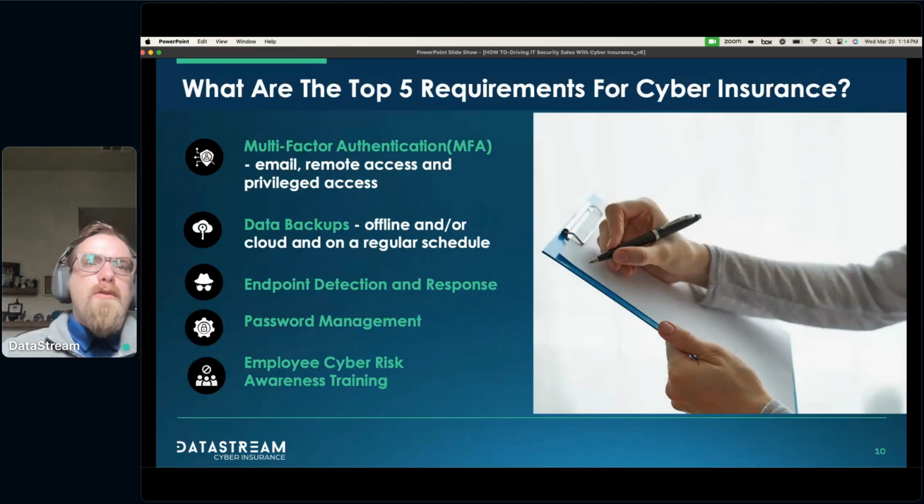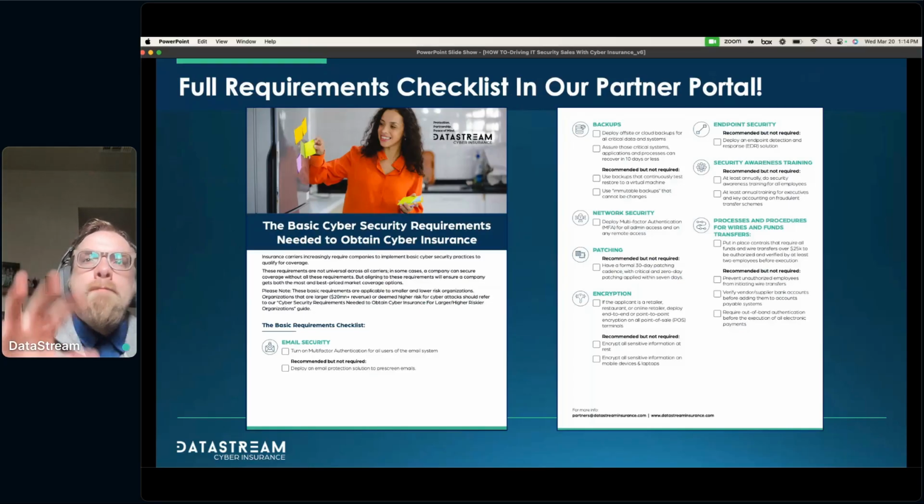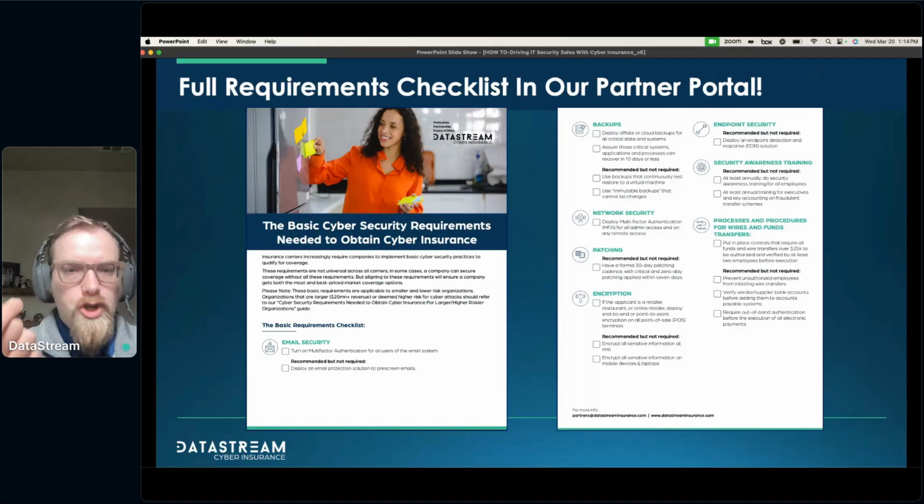So these five are the top big ones I like to broach, but we also have the full requirements checklist in our partner portal for you guys. If you haven't had a chance to check it out yet, and I'll touch on it again at the end, I would definitely jump into the partner portal, check out the resources section, and pull up this requirements checklist.